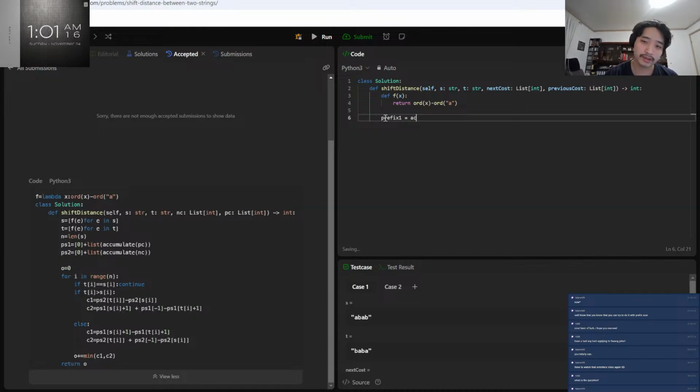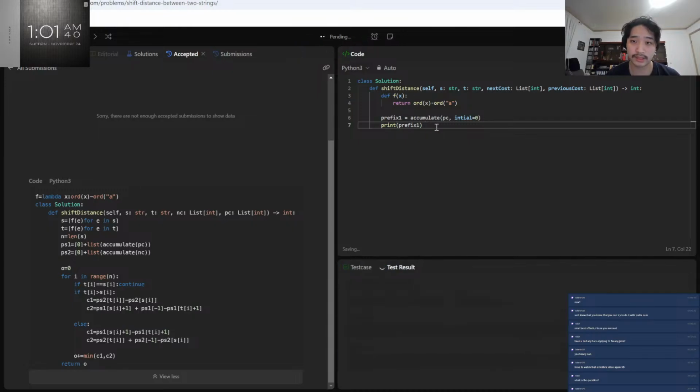I would just try out accumulate with initial equals to 0. I just want to see if this works or not, because we were talking about how you need to add the first as a 0, but it looks like it has a function for it, so I want to check that it works like that.